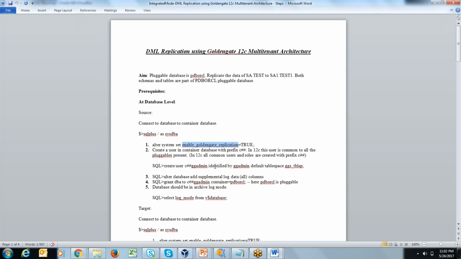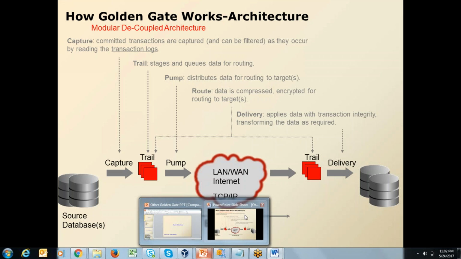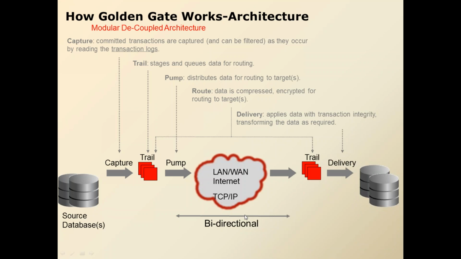Next, you need to create a Goldengate user which will be responsible for the replication and extraction purpose. Why do you need to create a Goldengate user? It is required on both source as well as target. On source you have multiple schemas and multiple objects, and the capture process is going to read the data from multiple objects which are part of different schemas.